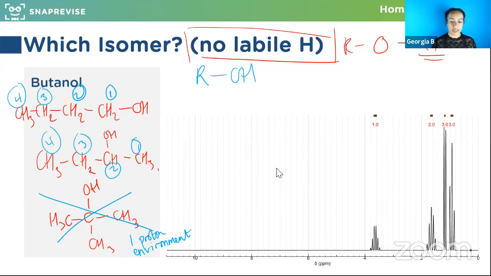So we could technically analyze this in terms of how many protons are in each environment, but I'm going to, why there are 4 environments in the first one, because there's 2 CH2s. Yes, of course you can ask that. In a really low resolution NMR, the peaks would be so close together that they would smush a bit and it would be really difficult to tell the difference between the two.